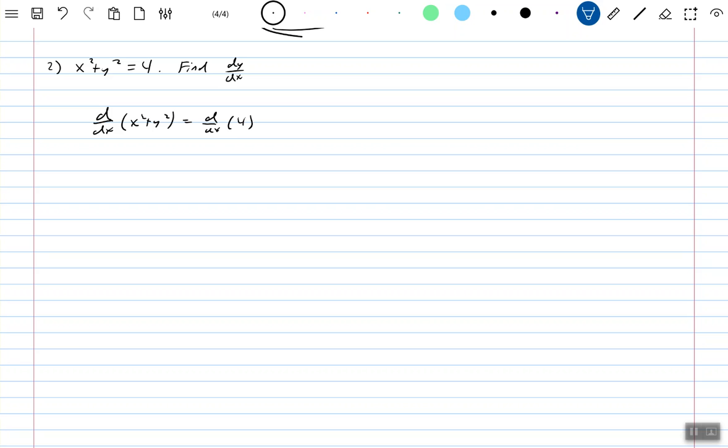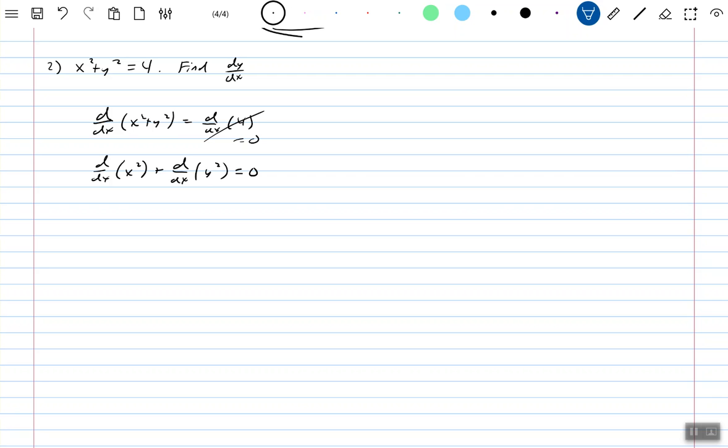And then, well, let's just go ahead and knock out this right-hand side. What is this going to be equal to? That's just the derivative of a constant. That's going to be equal to 0. So now for here, we take the derivative with respect to x of both terms. So we get the derivative of x squared plus the derivative of y squared is equal to 0.